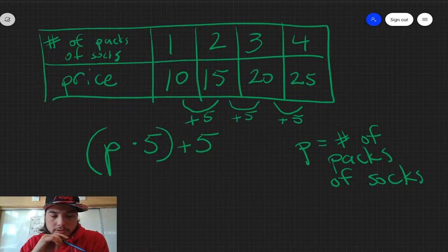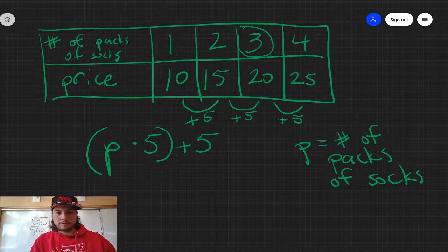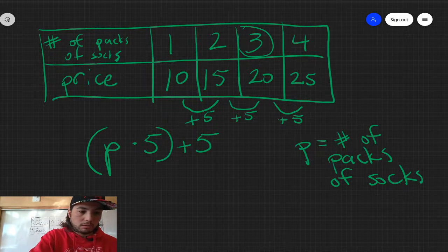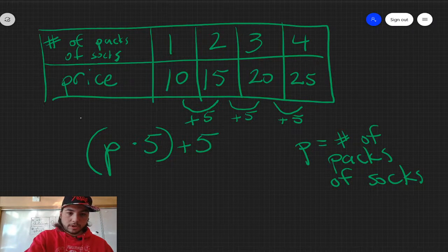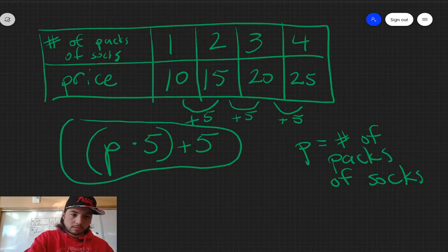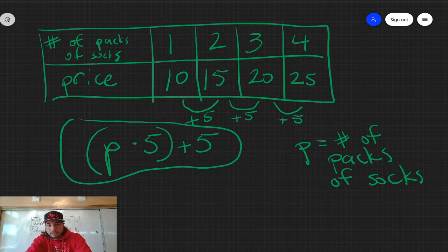Plus 5 is 15. Sure. For 3 times 5 is 15. Plus 5 is 20. That works. Would you agree? So this could be an expression that would fit. P times 5 plus 5.